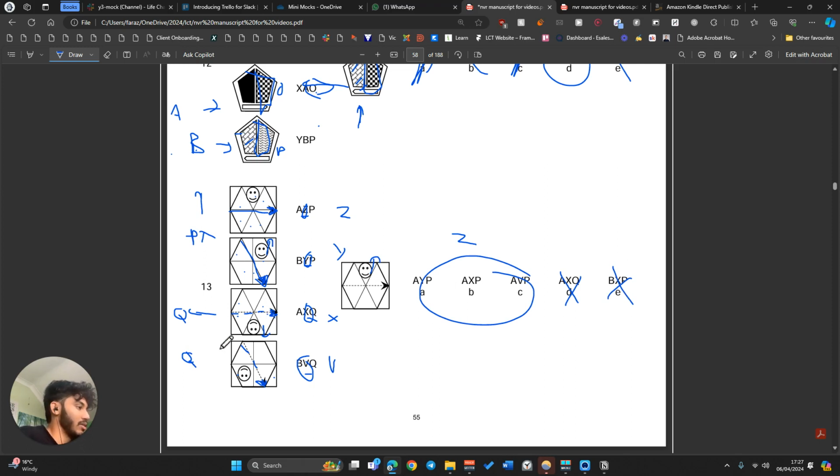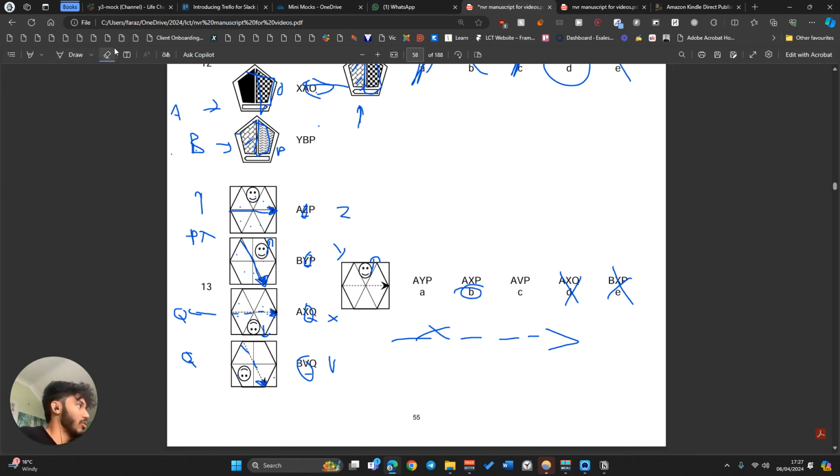And like we just spoke about, the middle letter determines what the arrow is, and this is a dashed arrow that is facing right, meaning it has to be X, which is B. So that's a bit more of a difficult one there, but I think that's a very useful one to know about.